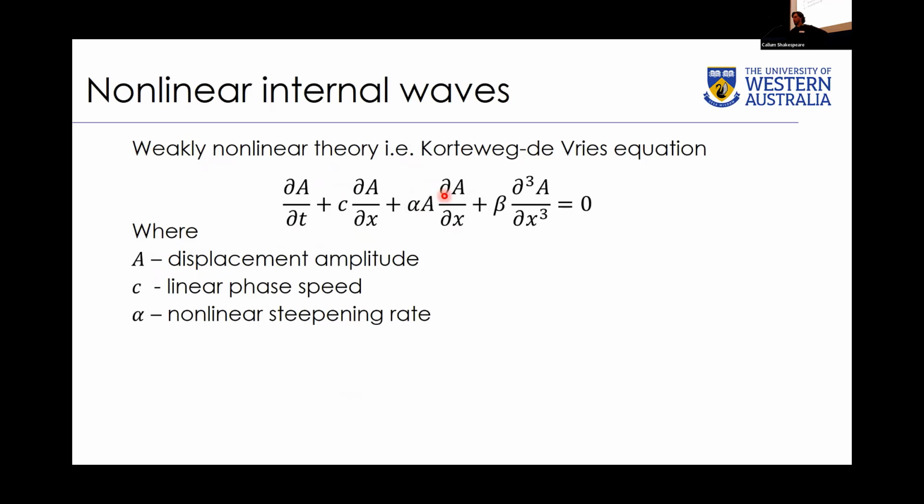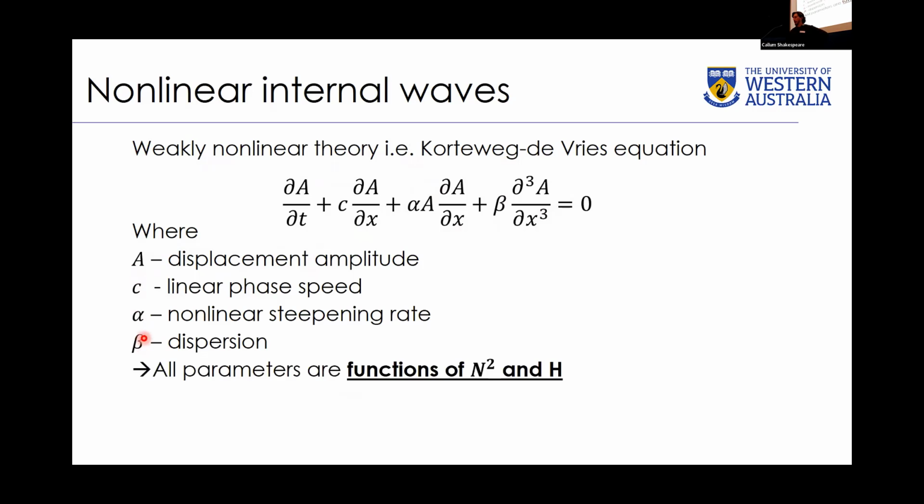This term's nonlinear steepening, and this is a dispersion term. So you have these three parameters, C, alpha, and beta, and they're all functions of the buoyancy frequency squared and the vertical profile of it, as well as the depth of the water column. And just one caveat, there's no rotation in this model.